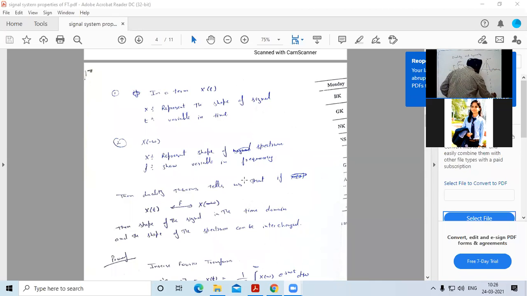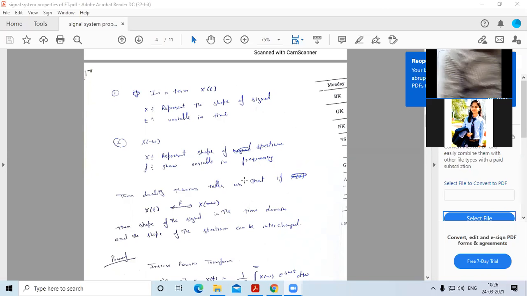If I am converting this signal into the time domain signal, we will get a signal like this. This is x(t). It is a 2 pi, minus tau by 2, tau by 2, and this is t. So we are getting the same kind of signals. Means if this is the time domain signal, we convert it into the frequency domain, and a frequency domain signal converted into the time domain, we get the same type of signals here.